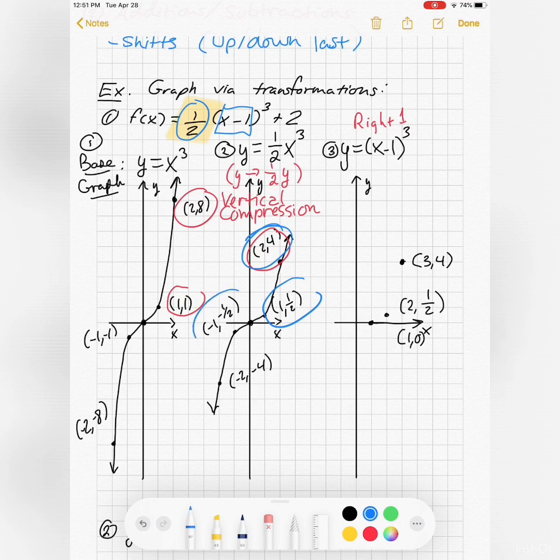And then let's see, (-1, -1/2) will be at (0, -1/2). (-2, -4) will be at (-1, -4).